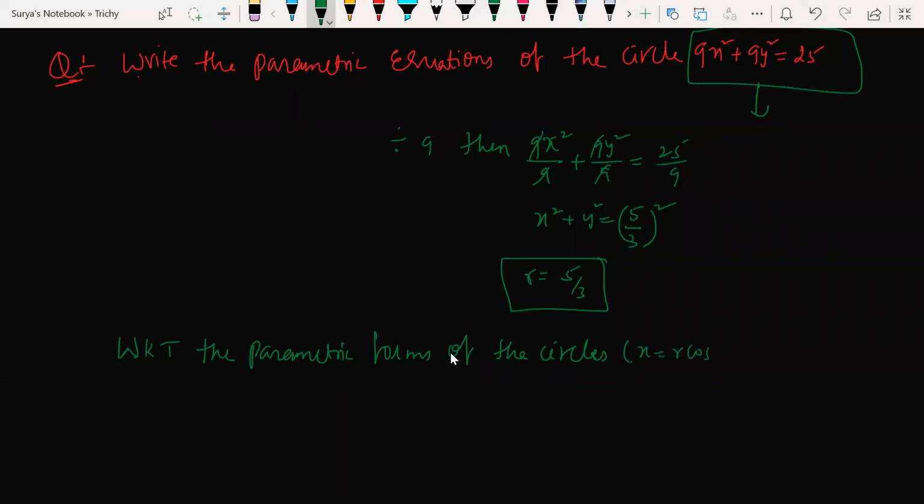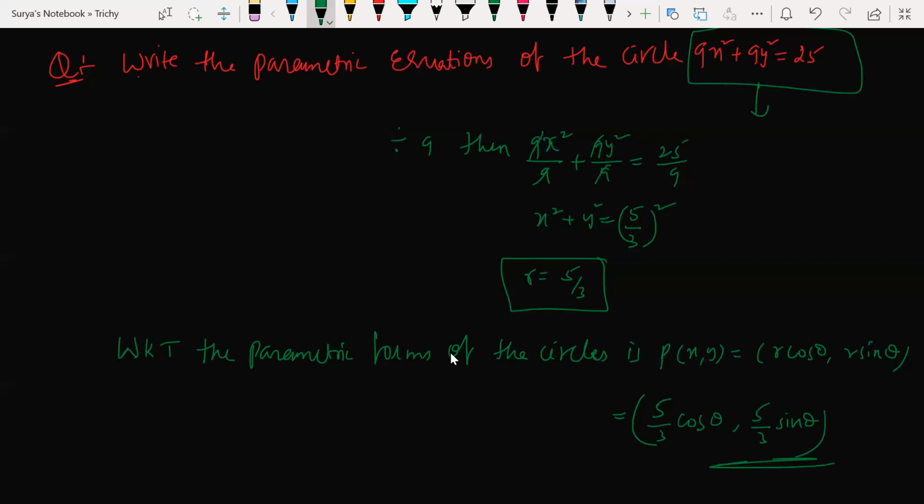Let us write P of x comma y is equal to r cos theta comma r sin theta. Okay, so then can I write now r cos theta, what is cos theta here? No need to find any cos theta and all. Simply I will write r, just I'll be simply substituting the r value and let the cos theta be as it is. This is my parametric form. Okay, isn't it a simple thing guys, tell me.